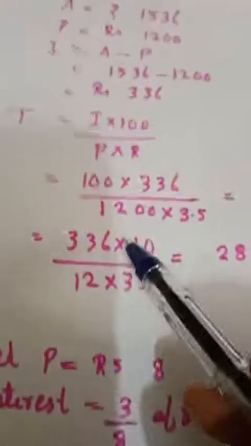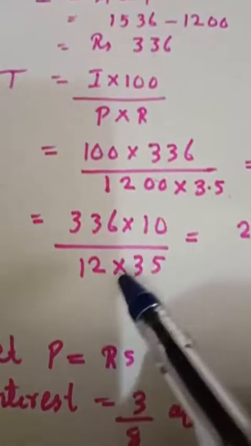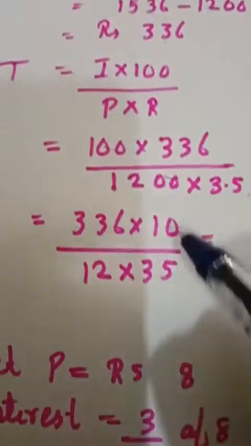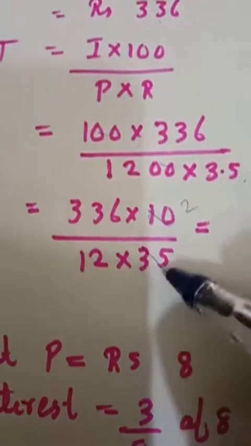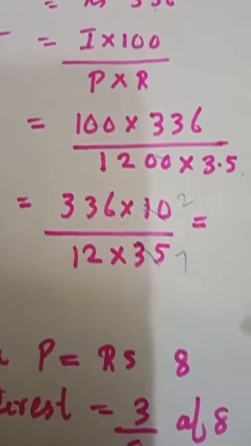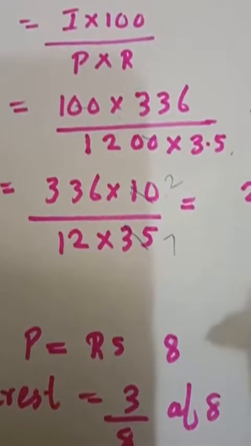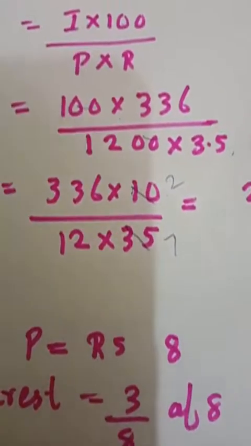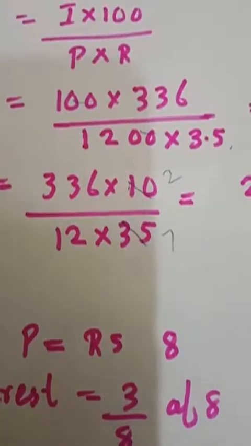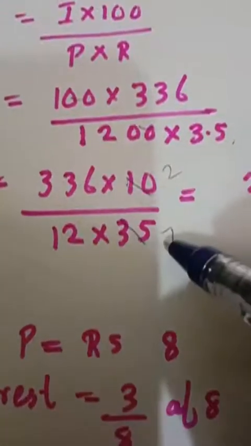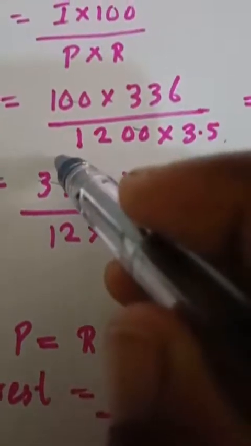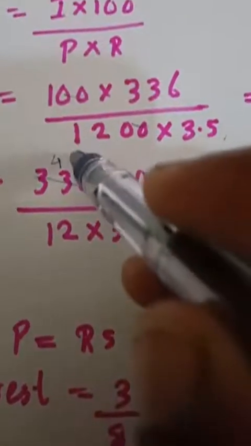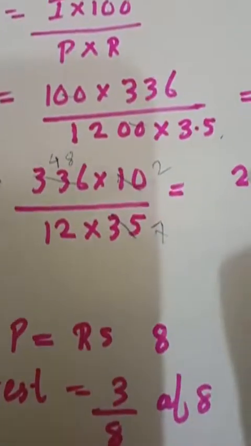That is 336 into 10 by 12 into 35. 10 and 35: 1 5 is 5, 2 5s are 10, 7 5s are 35. Now 7 and 336: 1 7 is 7, 4 7s are 28, 8 7s are 56.